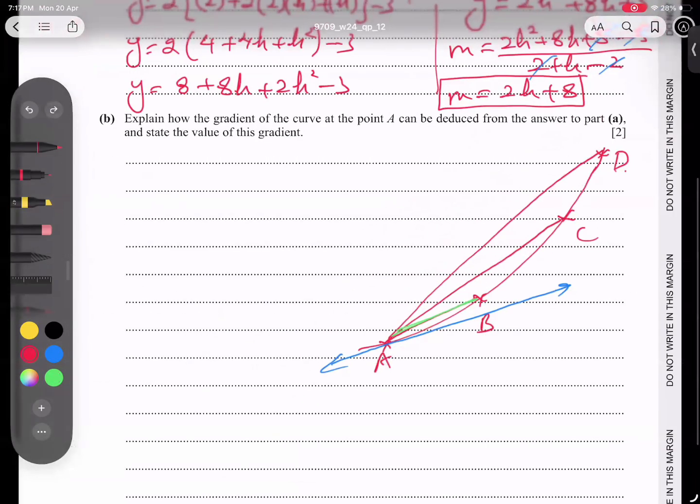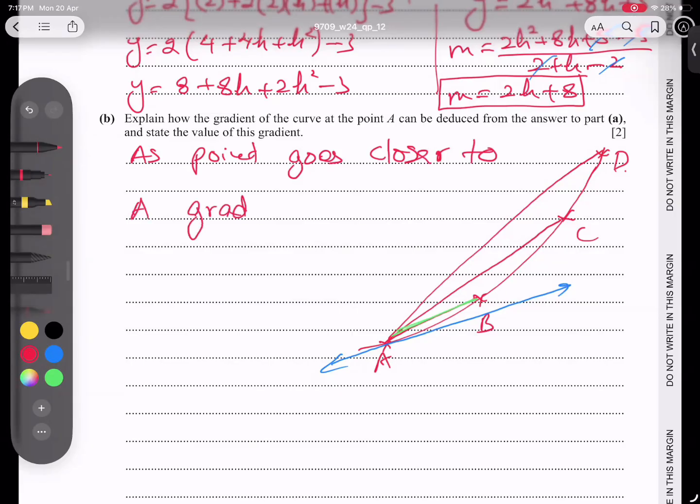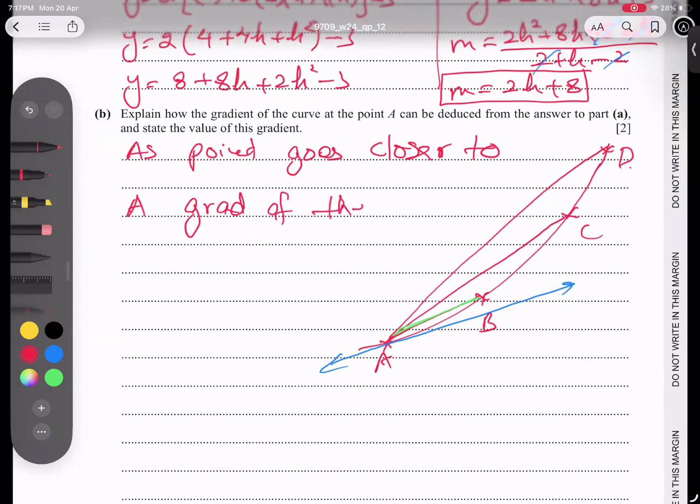So simply, as h approaches 0, or as the point goes closer to A, the gradient of the chord is equal to the gradient of the tangent at A. So as the point gets closer to A, the gradient of the chord is equal to the gradient of the tangent at A.